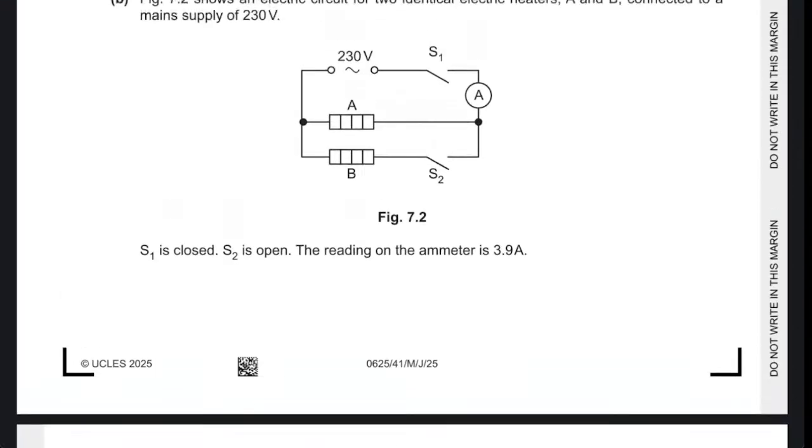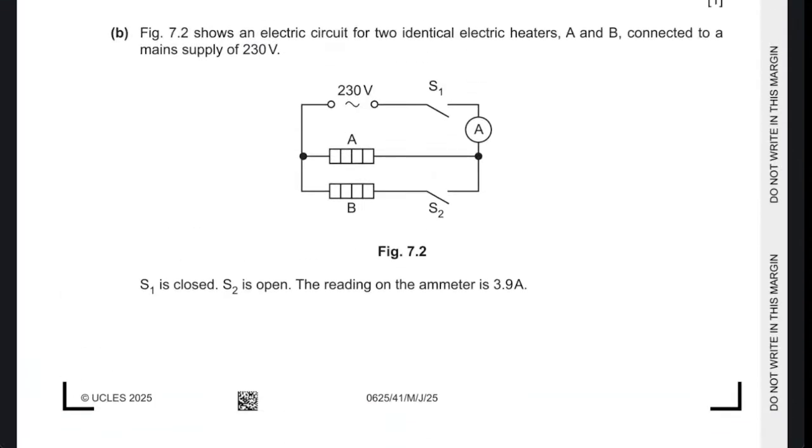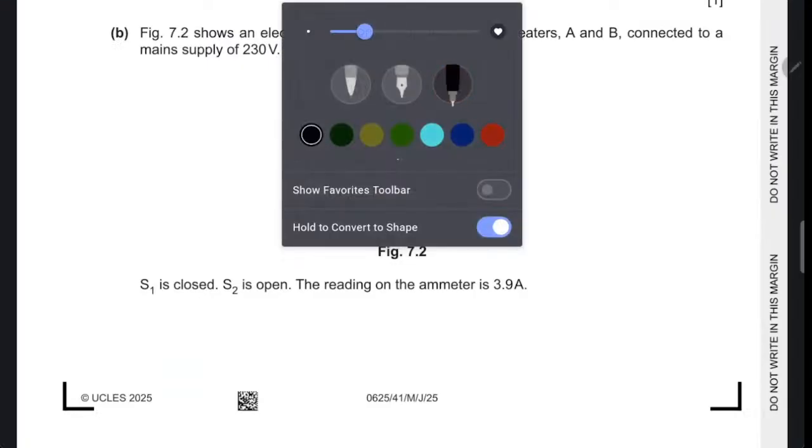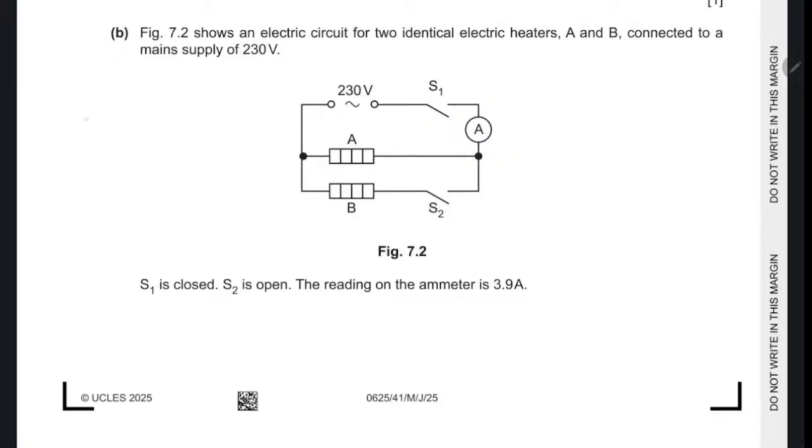Now, we come to calculations. When we do calculations, we should always remember that series, parallel, they have their own differences. But there is one thing that remains undefeated. That is, it's going to be Ohm's law.